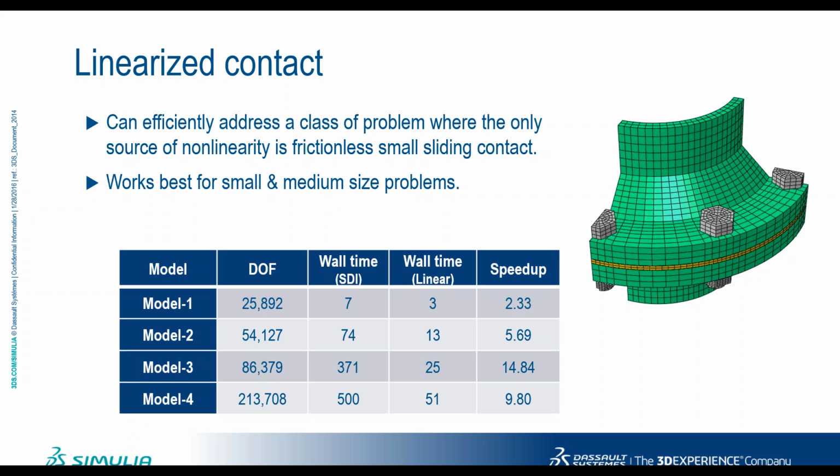Basically, instead of using a full nonlinear contact formulation, you can use approximations. This is a good feature to speed up analysis when you have linearly behaving contacts, like proper bolted connections where you're not expecting things to move so much. Then this is a significant improvement in analysis speed.